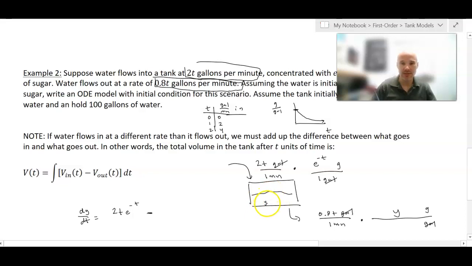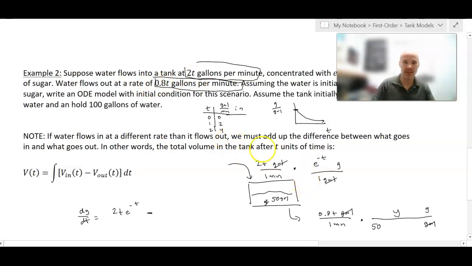Now, initially, the tank has 50 gallons of water. So at the start, we have 50 gallons, but keep in mind that the volume is actually changing. It's not always 50 gallons, because in 1 minute, you have 2t gallons coming in and 0.8t gallons per minute coming out.